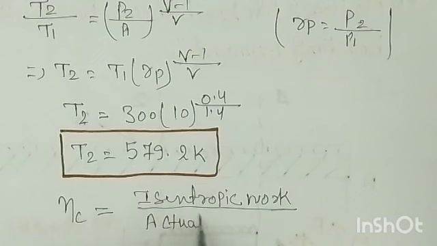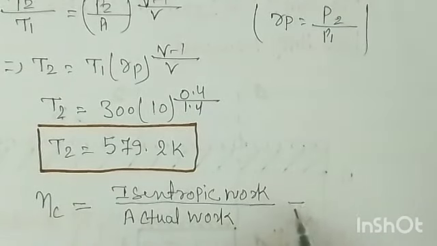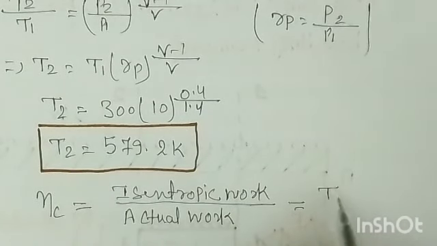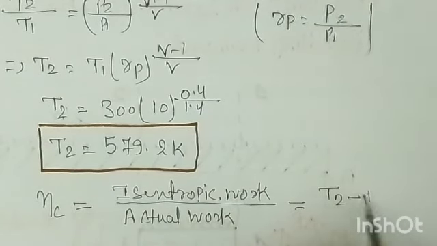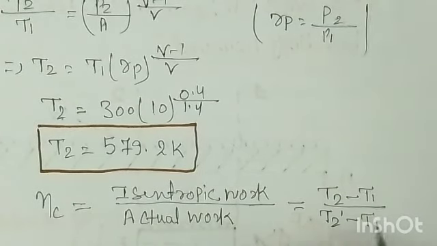Now work is nothing but m Cp times T2 minus T1 for isentropic, and actual is m Cp times T2 dash minus T1. So m Cp will get cancelled. So isentropic work means T2 minus T1 by T2 dash minus T1.